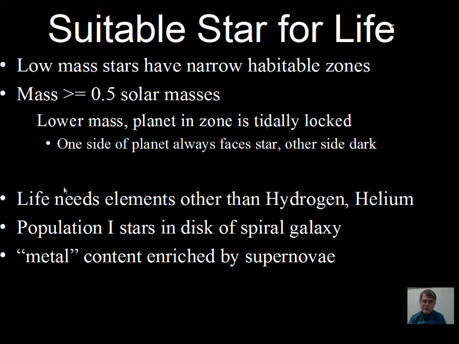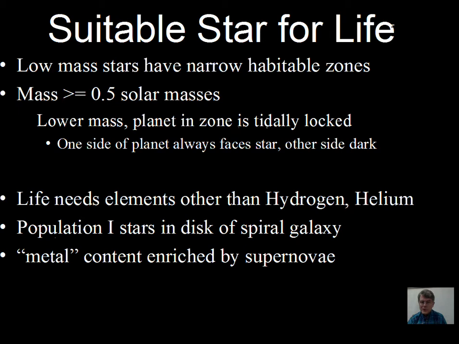So elements beyond hydrogen and helium, that means the population 1 stars. The population 2 stars are very low in abundance of the elements heavier than helium. The population 1 stars are located in the disk of our galaxy, so they've been enriched as supernovae explode and deliver the elements formed in the fusion process of the massive star, and in the supernova process, these elements enrich the gas clouds in the galaxy, and then new stars form from those.